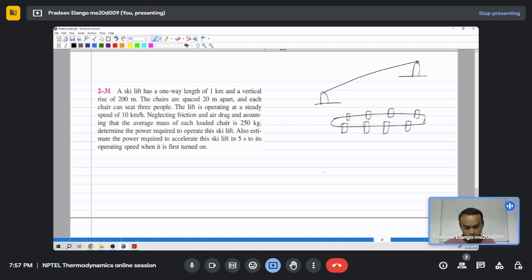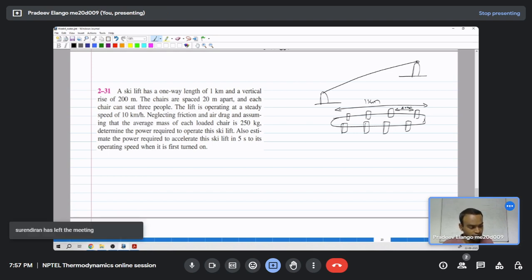They say the one-way length is say 1 kilometer, and the distance between each chair is 20 meters. So there will be in total 5 here and 5 in the reverse direction. So totally 10 chairs will be there.